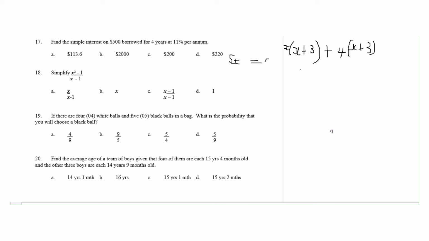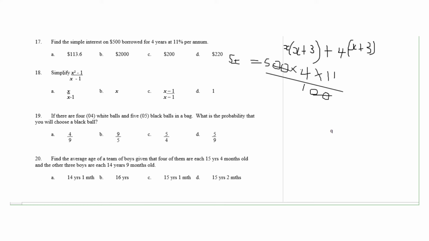The principal times rate, and that's over 100, simplify, and that's 5 times 4 is 7 and that should give us 222.